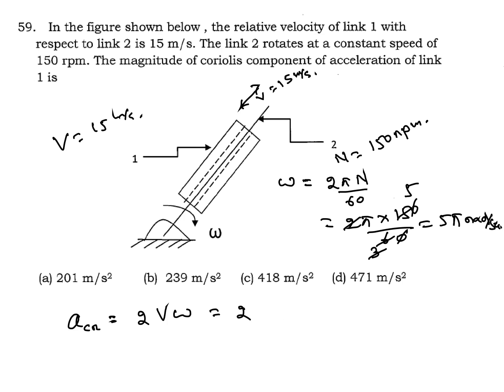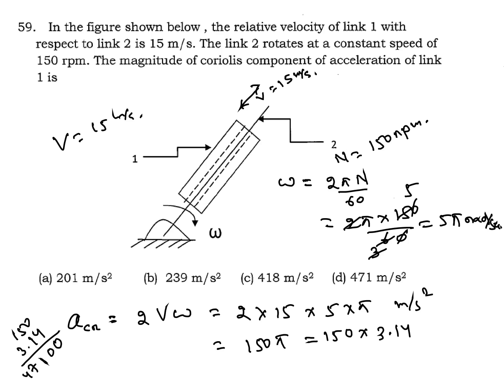So 15 into 2 is 30, 150 pi. 150 into 3.14. So it will come 471.00. So 471 meter per second square.